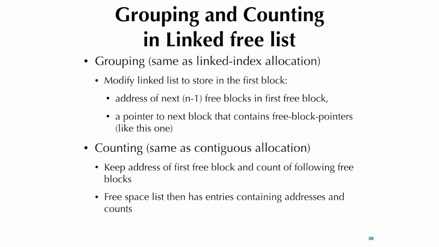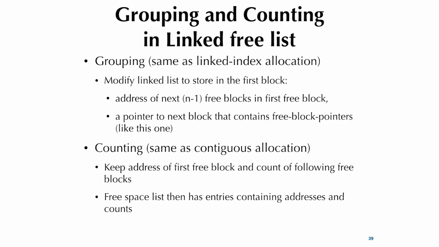Now, grouping and counting in linked lists or linked free lists. So grouping, basically you need to modify the linked list to store a first block, and then have an index structure or something similar to an index structure, then point to these free ones, so the mechanism and everything is very similar.